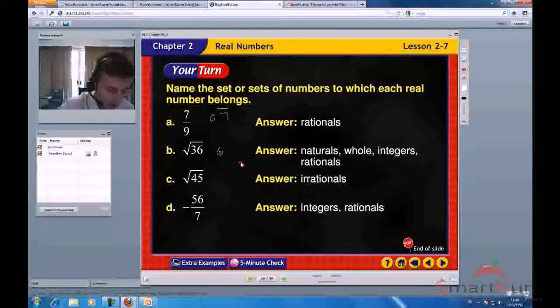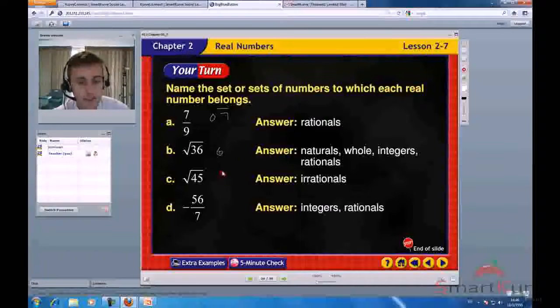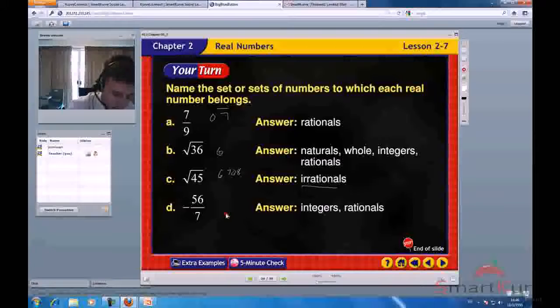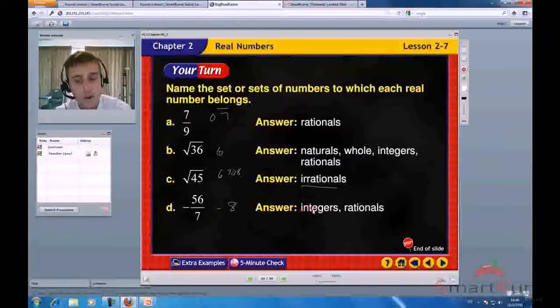Root 45 is 6.708, and so on. It is irrational. It neither terminates nor repeats. And negative 56 divided by 7 is negative 8. Negative whole numbers are integers and rational numbers.